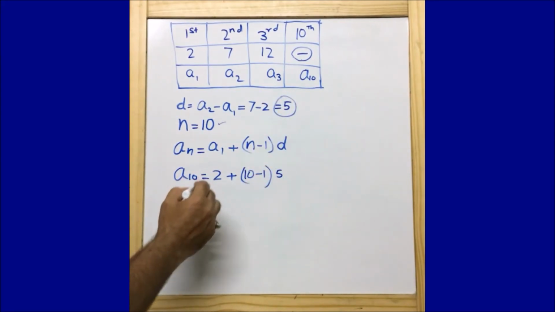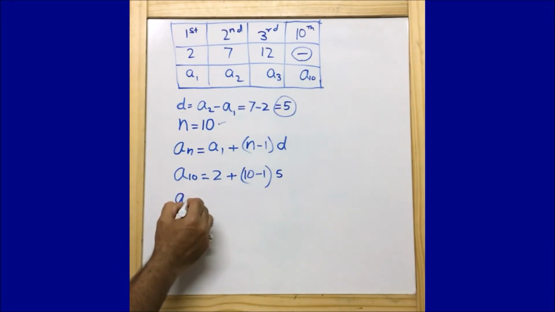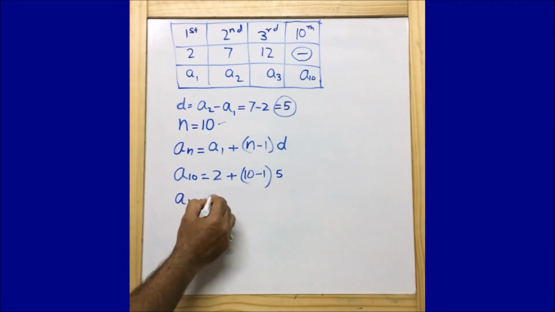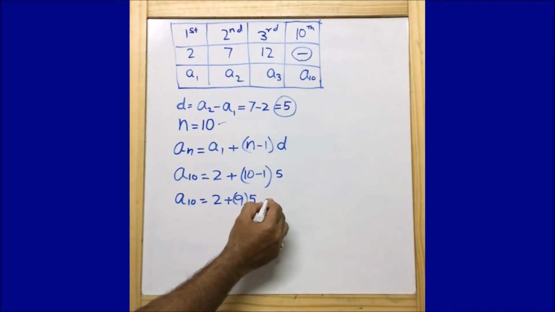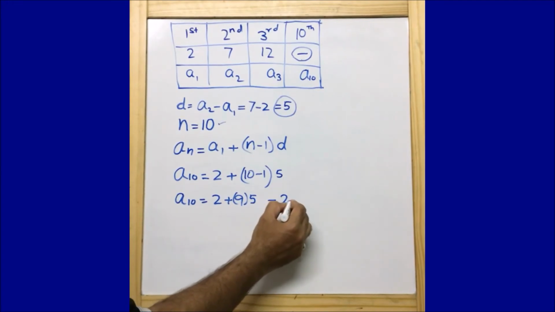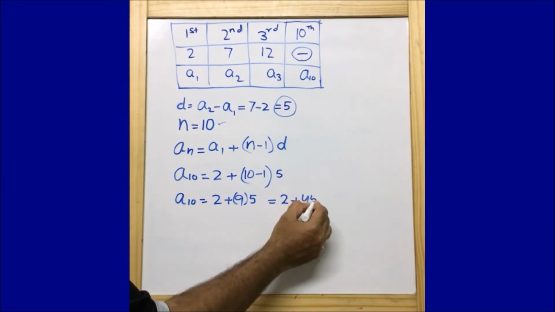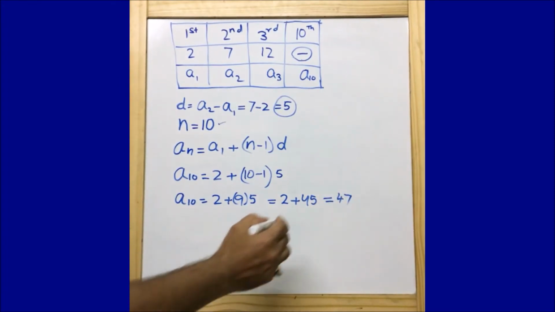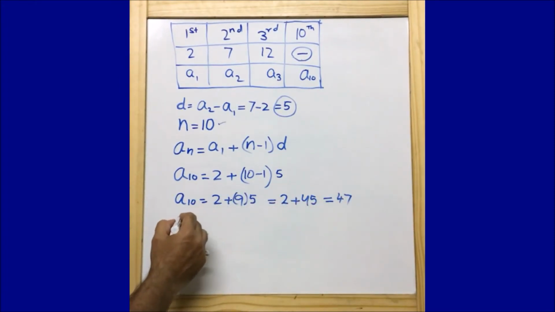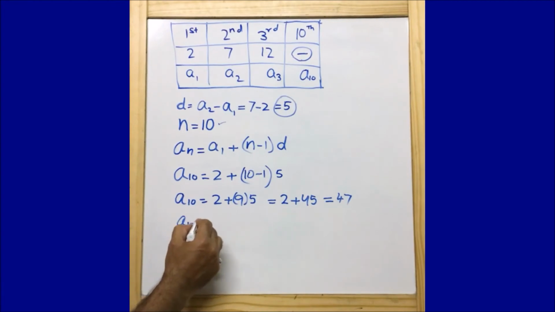Now solving this equation, we get a10 is equal to 2 plus 9 into 5, that is equal to 2 plus 45, or that is equal to 47. So guys, we got the value of a10 is equal to 47.